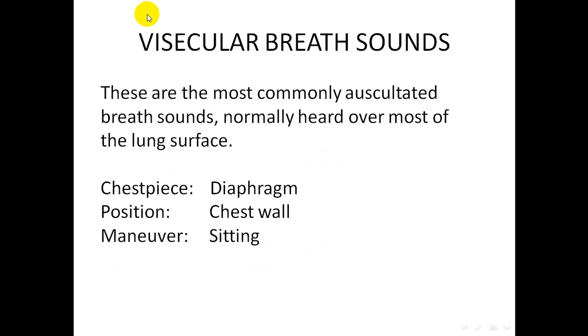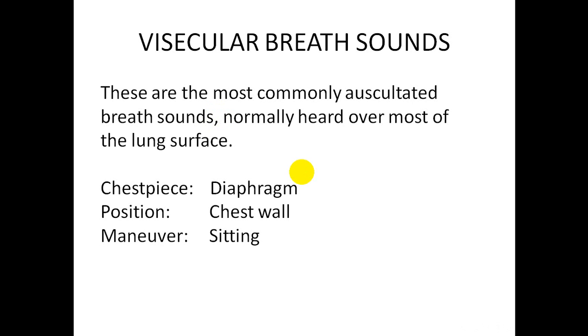Vesicular breath sounds, this is the correct spelling. These are the most commonly auscultated breath sounds, normally heard over most of the lung surface, anteriorly and posteriorly. For every sound, you have to know how to hear it. In the chest piece, use the diaphragm.